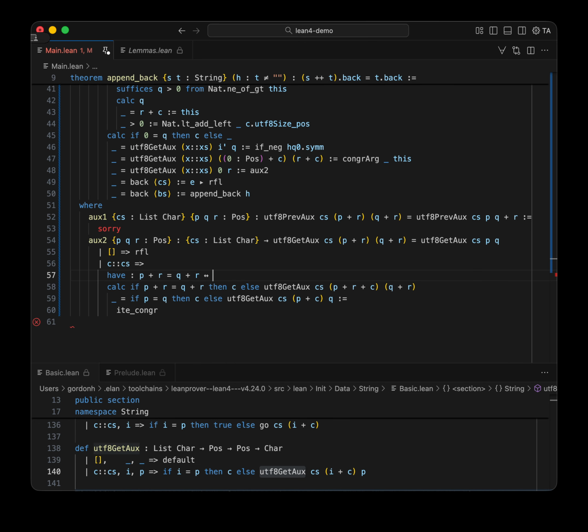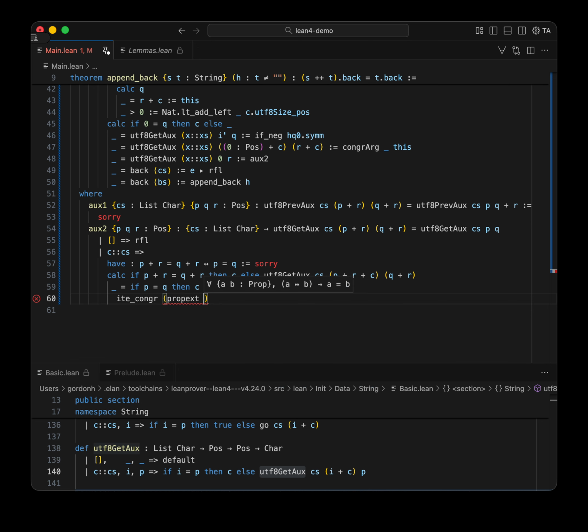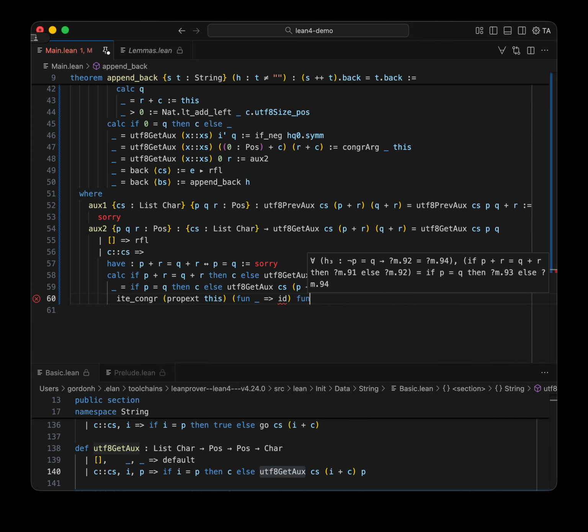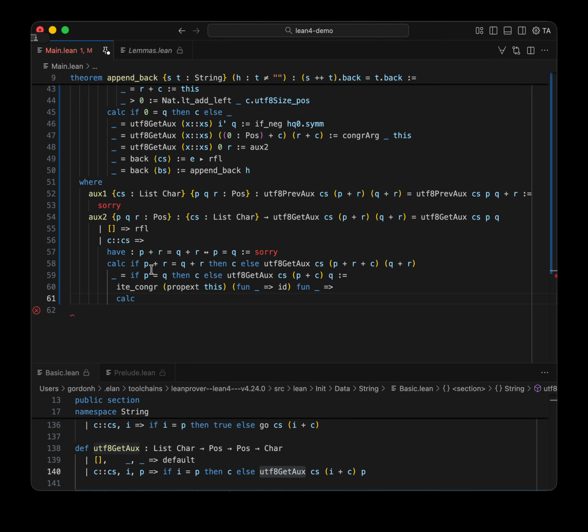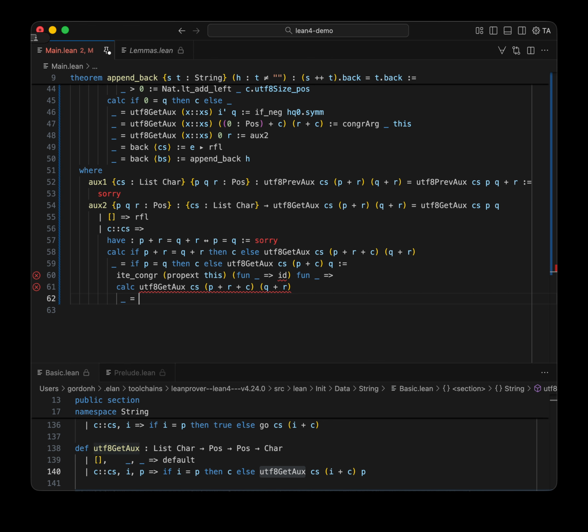Okay, IFF, propositional extensionality. Okay, what are we trying to show? Calc.